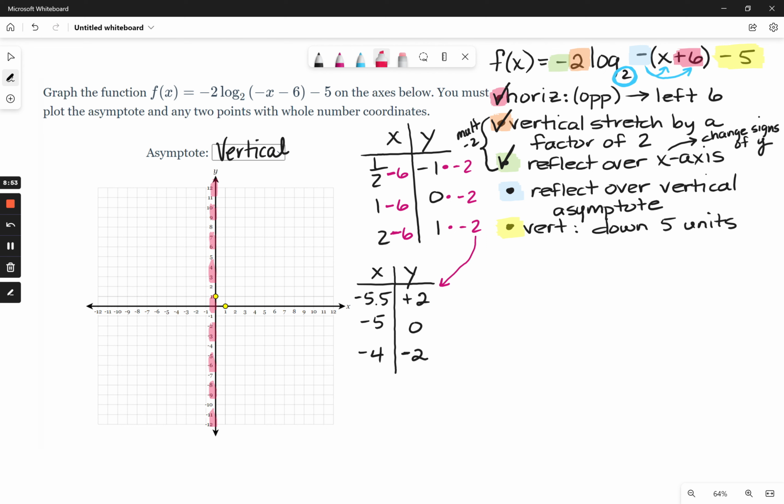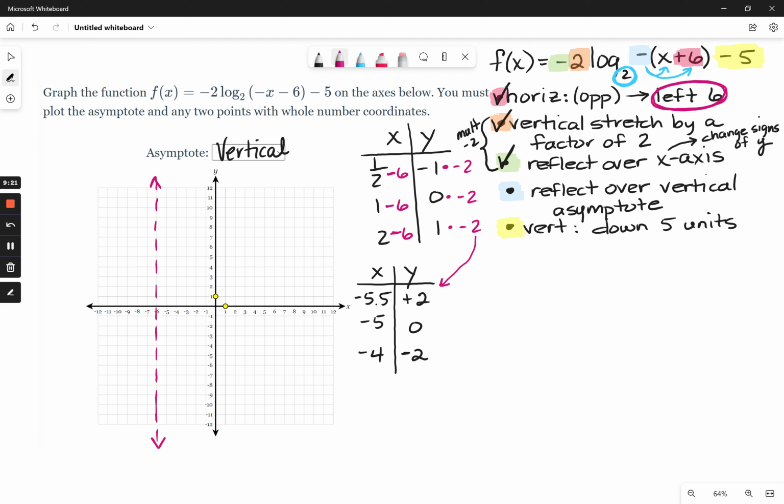But because our graph has moved left 6, this asymptote has to move 6 units over. So actually, our asymptote is now right here. Okay, so you will drag that on your Delta Math program.